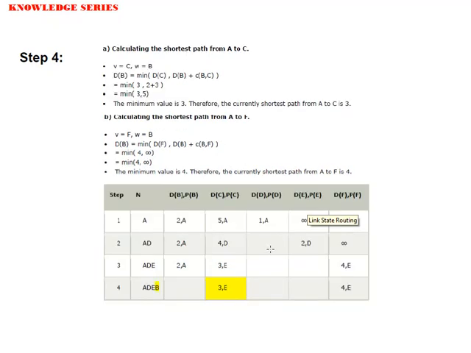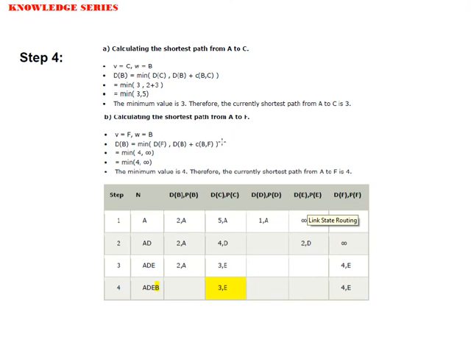Now this particular point is completed, and the next point is A to F. Here the vertex is F, W is B, and we are going to see the distance of V, B, and the cost function of F and B. So here also, if you take A to F, the first case is infinite.